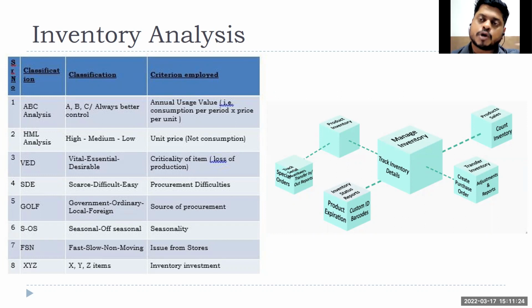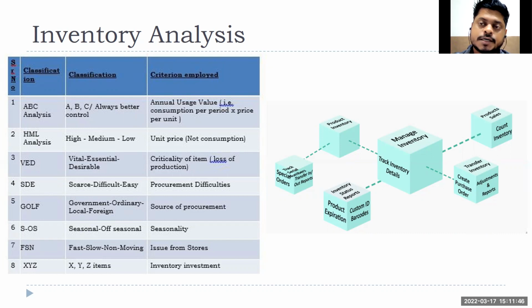But when I'm talking about a production plant, ABC is about which raw materials I'm getting. For a car manufacturer, the quantity of engines is one per car, but the price of an engine is high, 20 or 30 or 35% of the car.